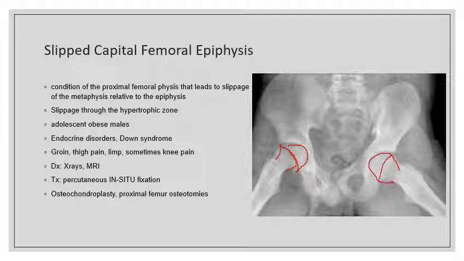The slippage is through the hypertrophic zone, usually in adolescent obese males, even in children with endocrine disorders or Down syndrome. Basically, they complain of groin or thigh pain, limp, or sometimes knee pain. Diagnostics are x-rays. This is a frog leg view. In some cases where it's not evident, you can ask for an MRI.